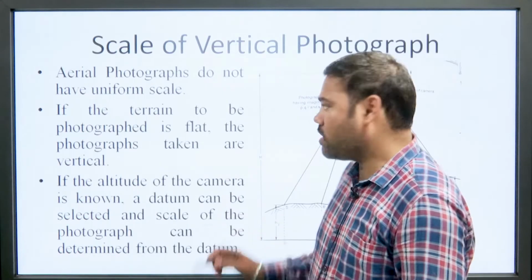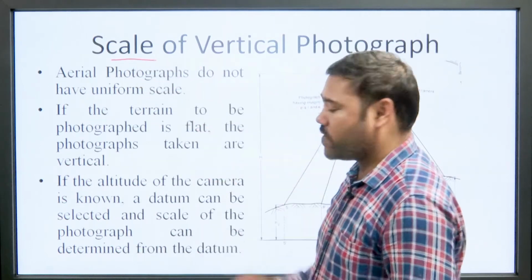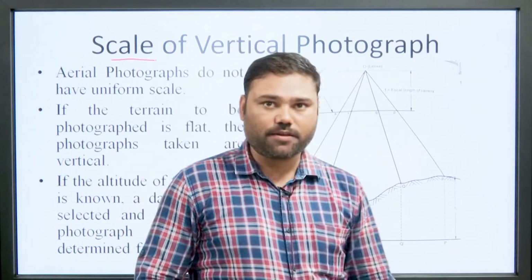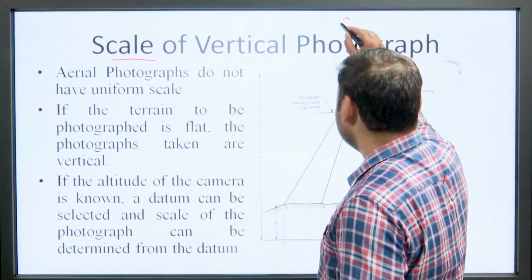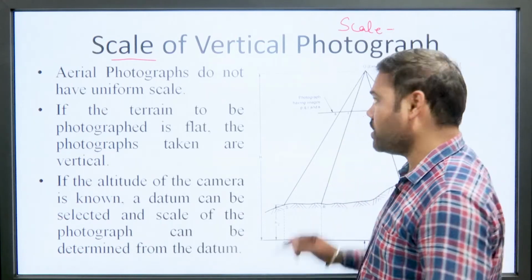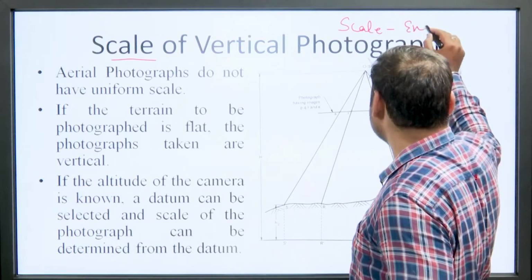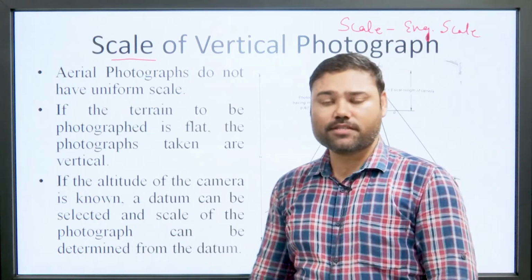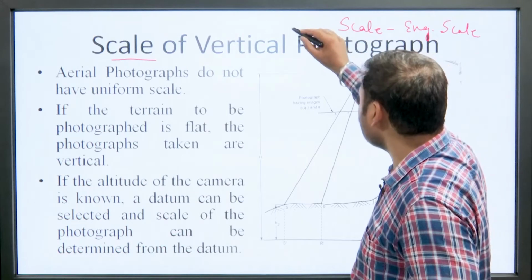Now, talking about scale, first of all we have to discuss what scale is. Scale can basically be of two types. One is known as engineering scale and the other type is known as representative fraction.